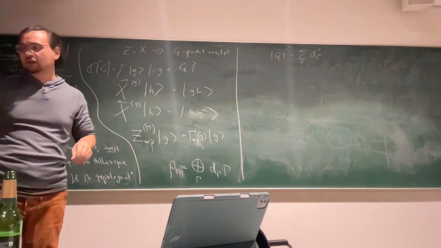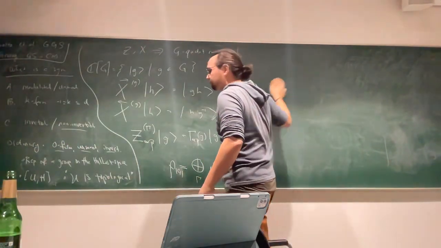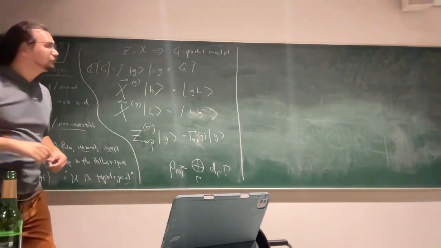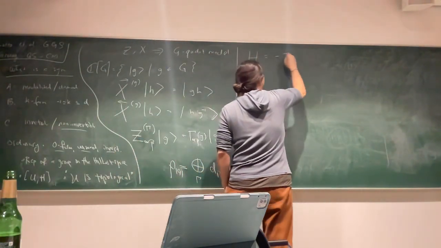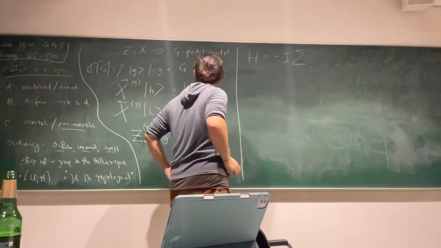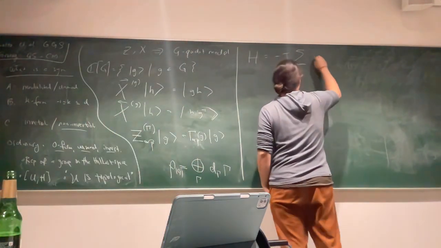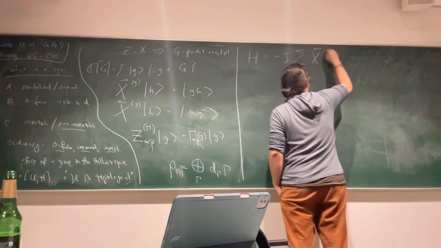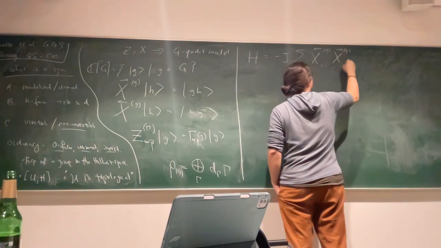And then I want to use these to build some Hamiltonian that does something interesting. So I'll just write down the Hamiltonian. It looks very much like the Hamiltonians that we've described so far, but it's going to be x left, x right, at I and I plus 1.